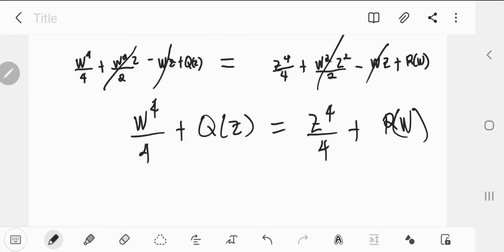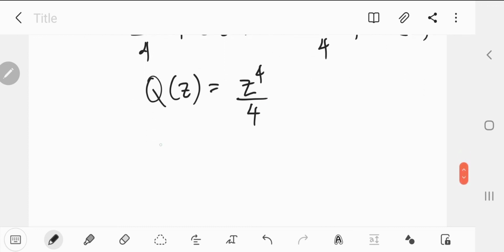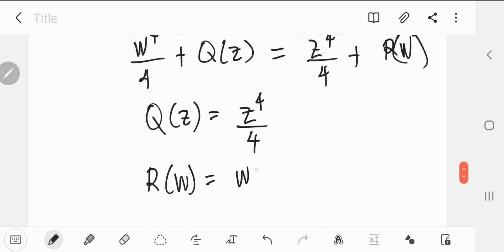And now the value of q of z is equal to z raised to 4 all over 4, while r of w is equal to w raised to 4 all over 4.